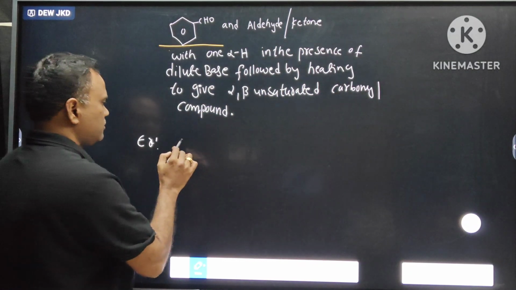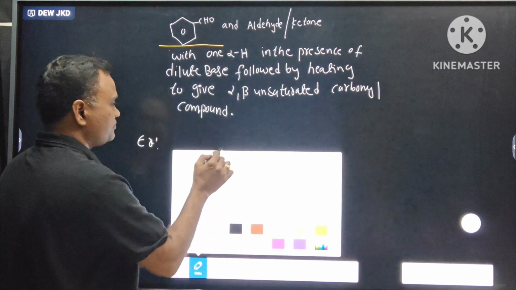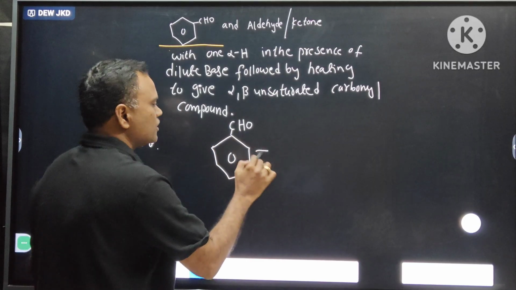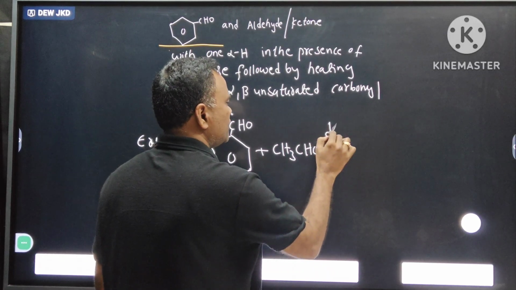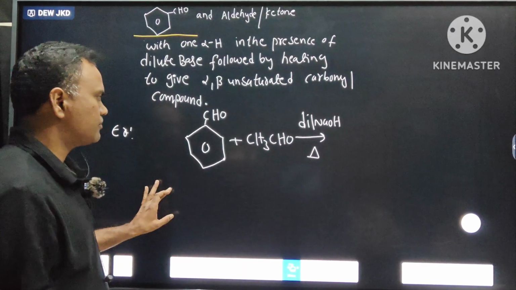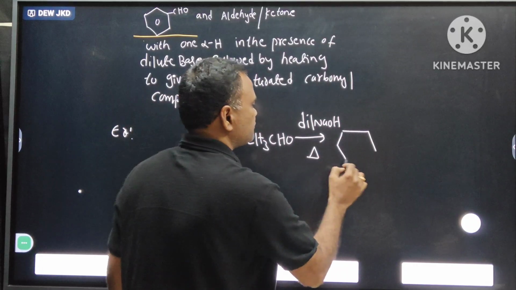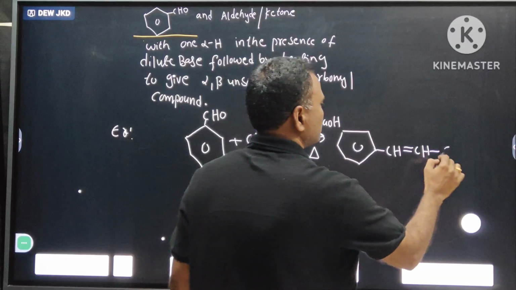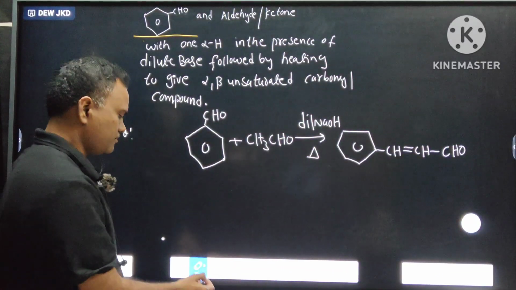See the example. Benzaldehyde and acetaldehyde, dilute NaOH followed by heating. See the product. What is its common name?